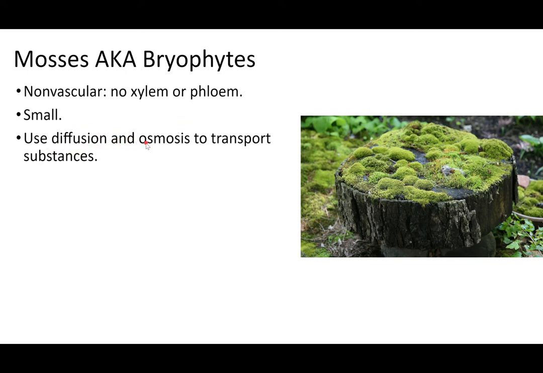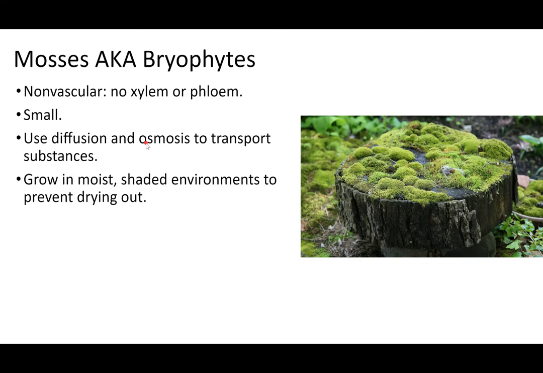So the cells need to be very close together. Bryophytes tend to grow in moist, shady environments, and this is to help prevent them from drying out. Because again, they cannot get moisture across the entire structure because they don't have any vascular system in order to do that. So they grow in shaded, wet environments.